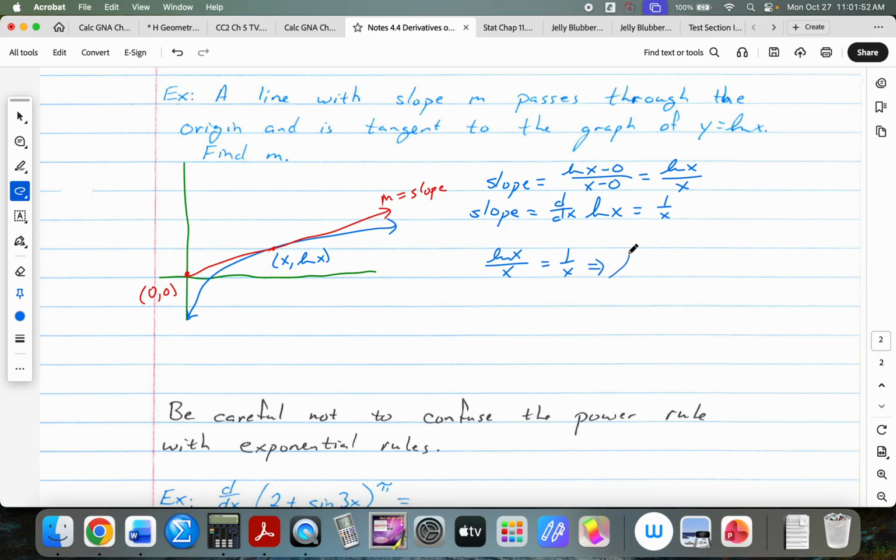The only way that's going to be true is if the natural log of x is equal to 1. And what do I take the natural log of and get 1? E. So our slope is 1 over e.